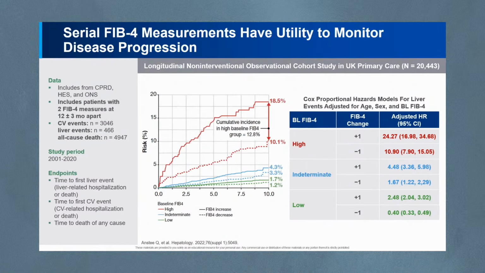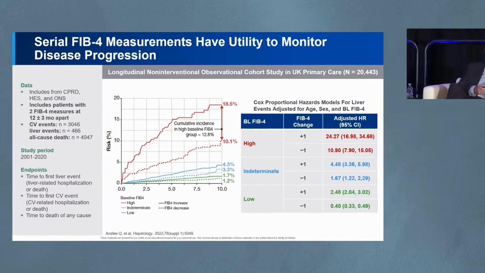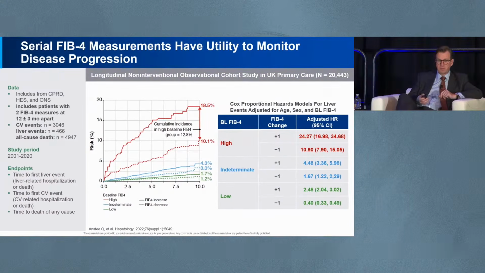Similarly, if you're in the high-risk category and the next time it's tested, it's dropped by 1 unit, your hazard ratio drops to 10.9. So this is a phenomenal tool at very low cost to stratify and monitor patients and refine our diagnostic pathways. And I think that's a really important message for us.